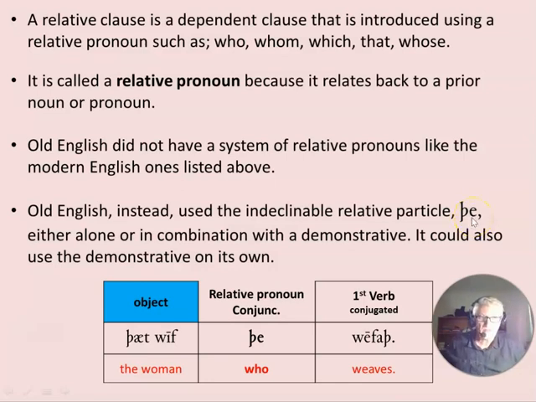This one is þe, which we interpret to be which or who, depending on the context, either alone or in combination with a demonstrative. When I say a demonstrative, I mean se, seo, þæt, þas, and so on. As an example, seo wifeþ þe wefeþ, the woman who weaves. Okay, next one.